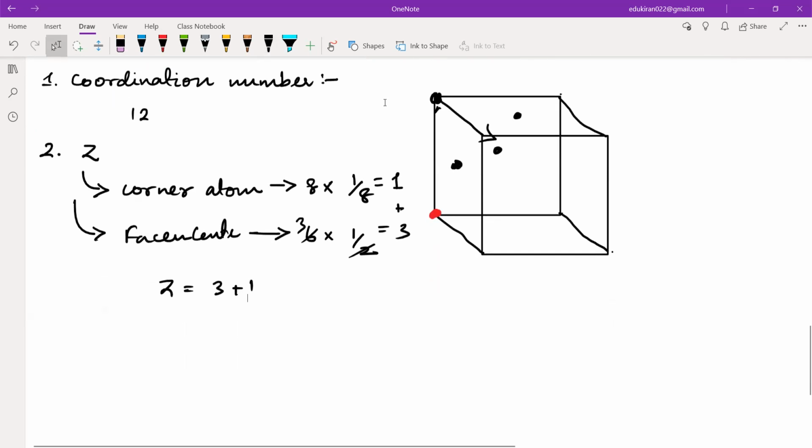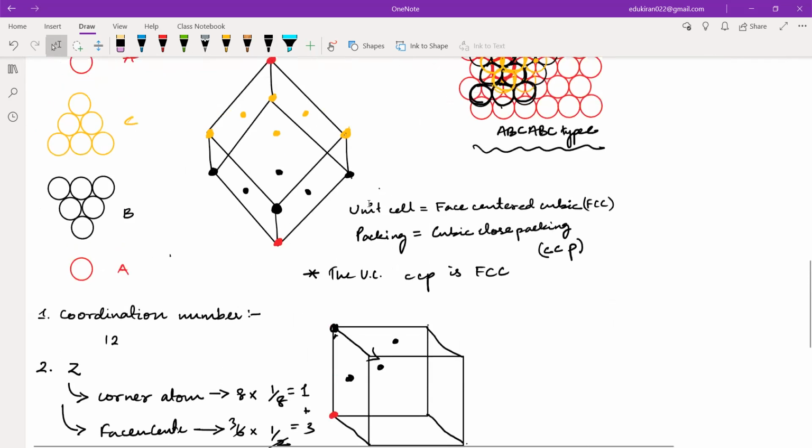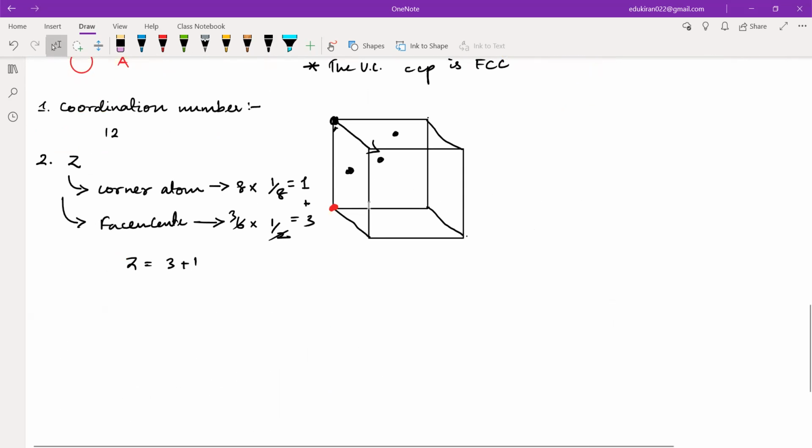Okay. Fine. So you copy from here that the coordination number is this much, and the face center contribution is this much.